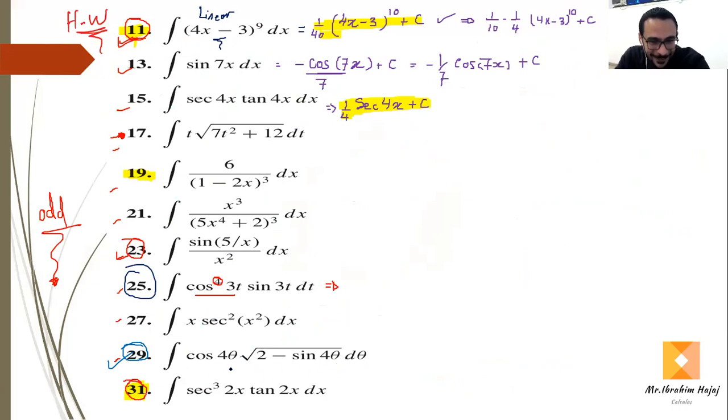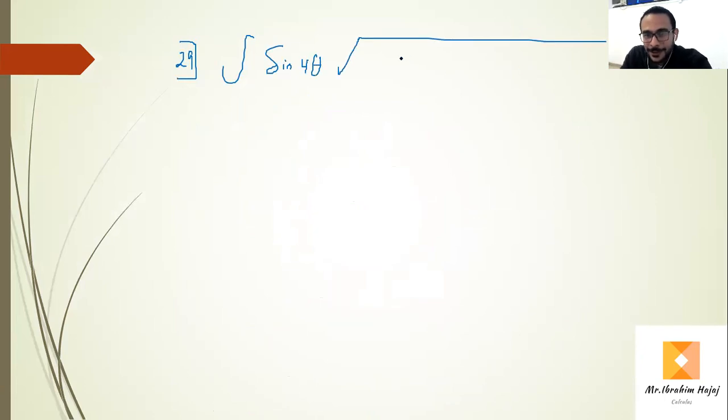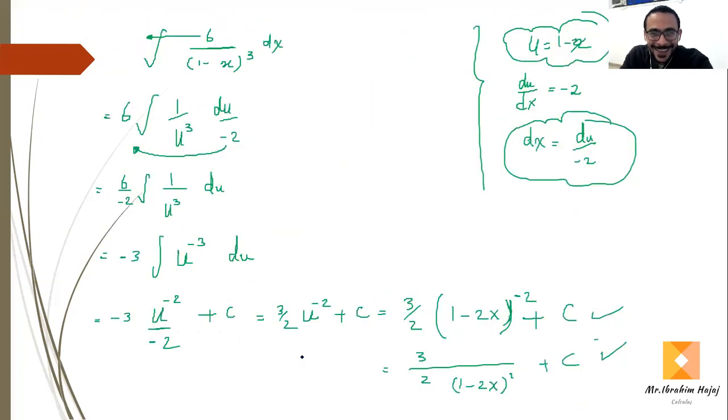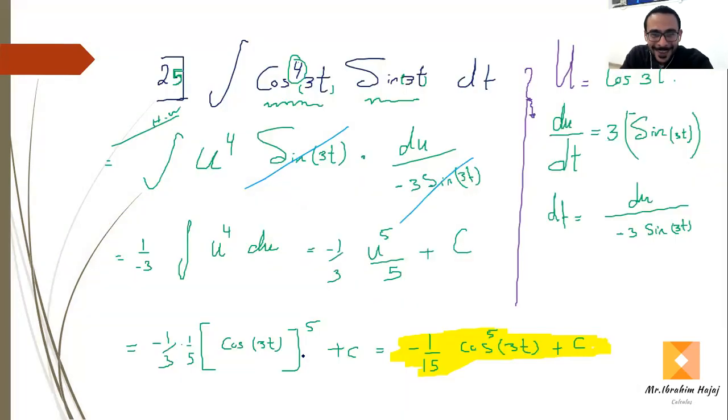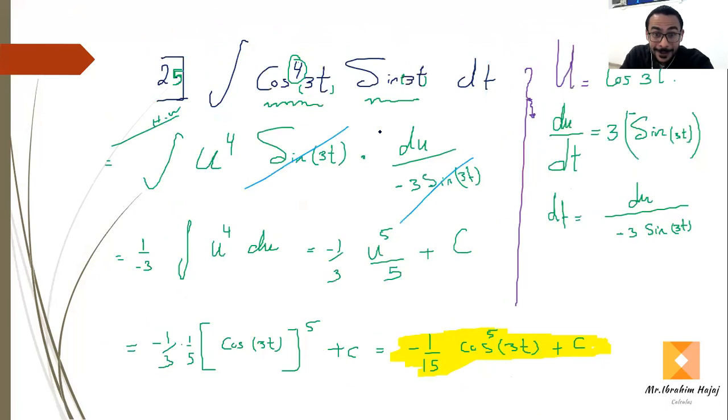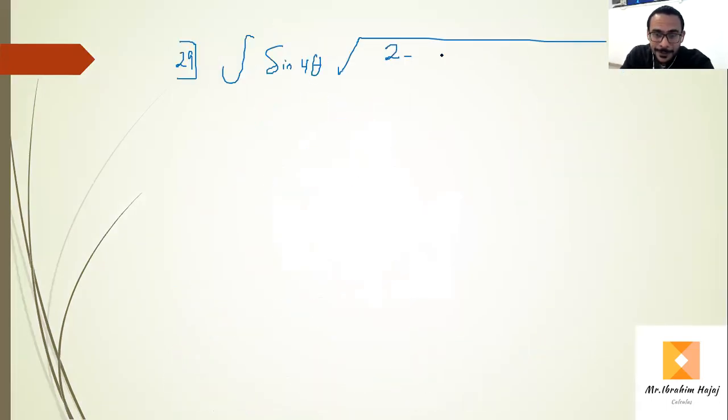Remember that cosine is outside the root, and the root contains 2 minus sine 4 theta, d theta.